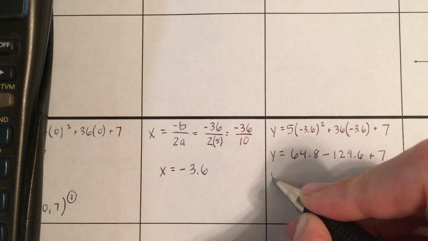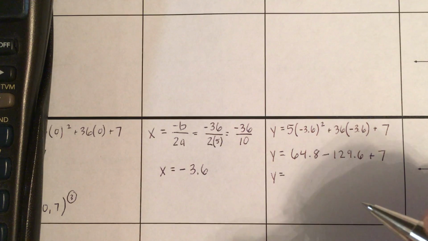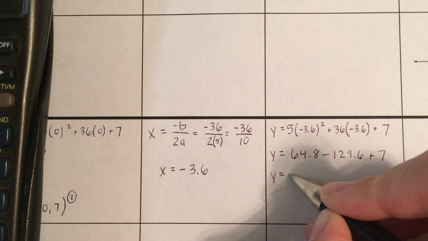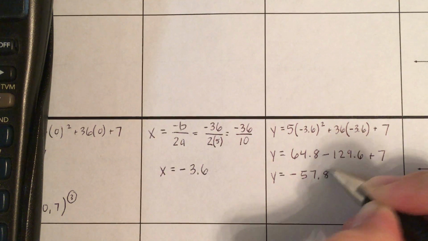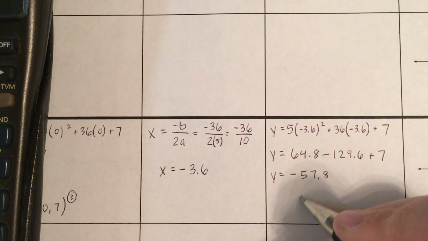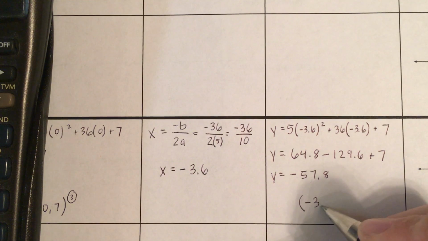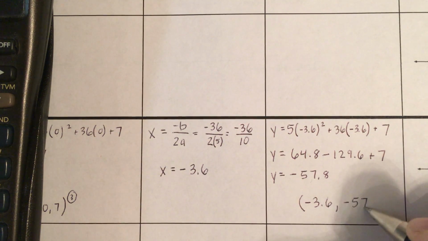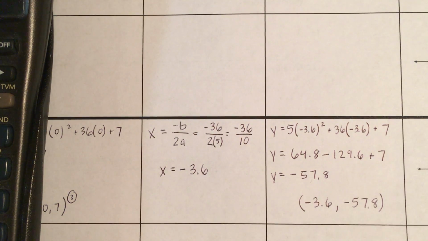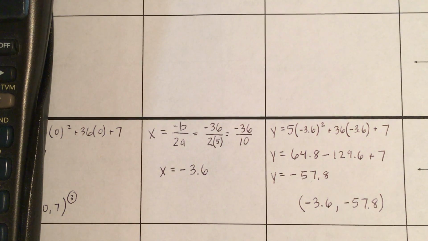And I get y equals negative 57.8. So our vertex is x value of negative 3.6, y value of negative 57.8. Okay, so that's kind of a big number, right?